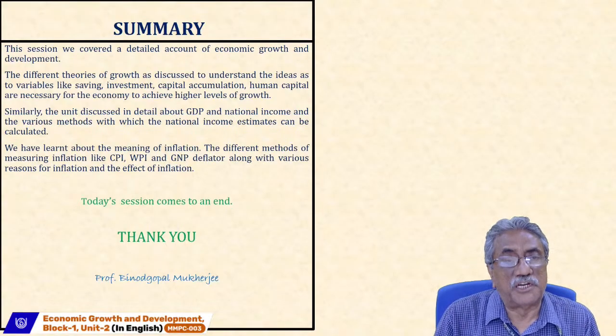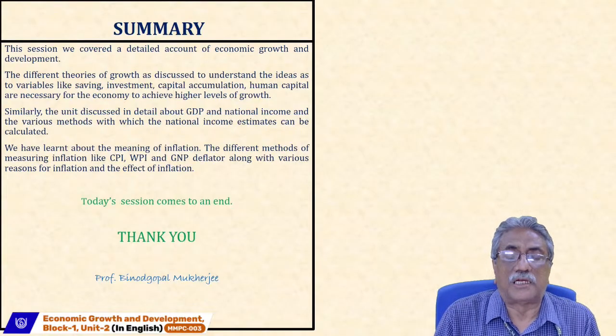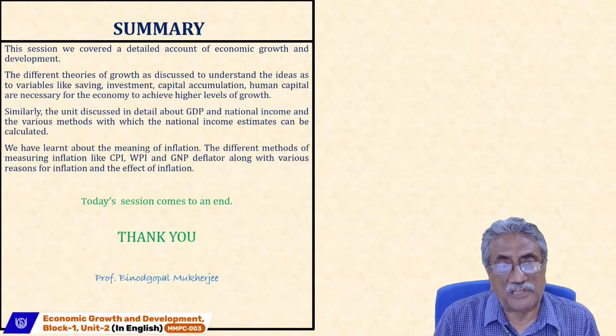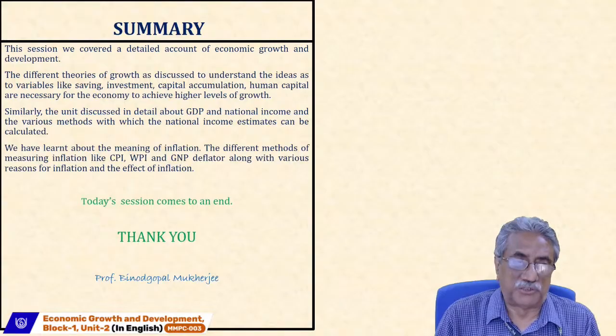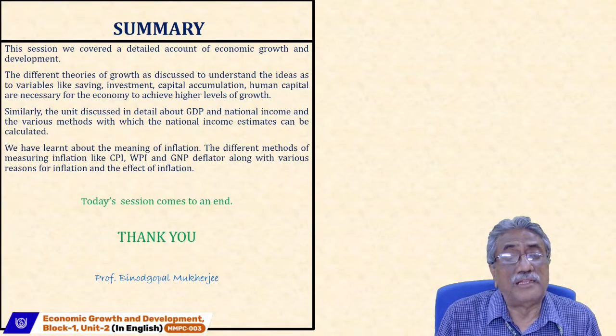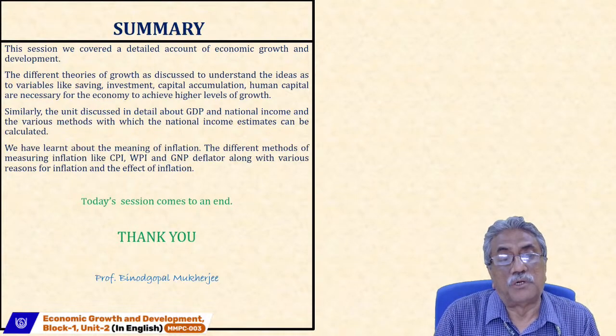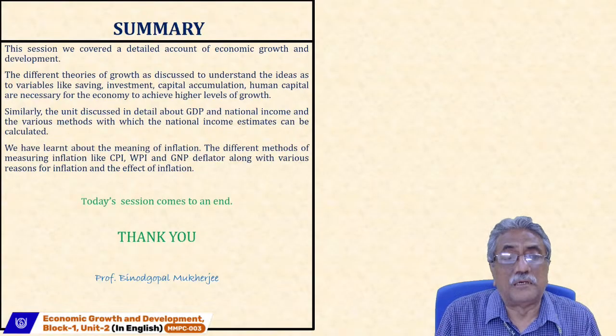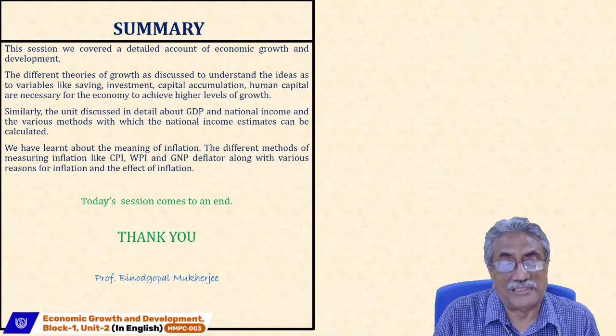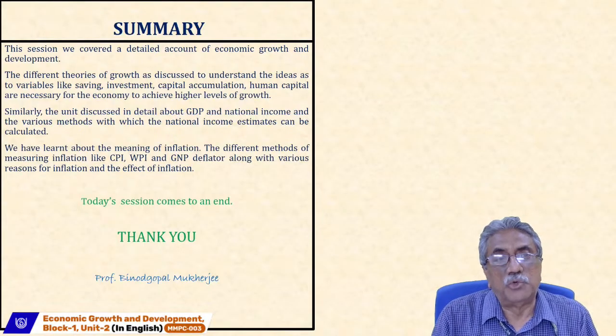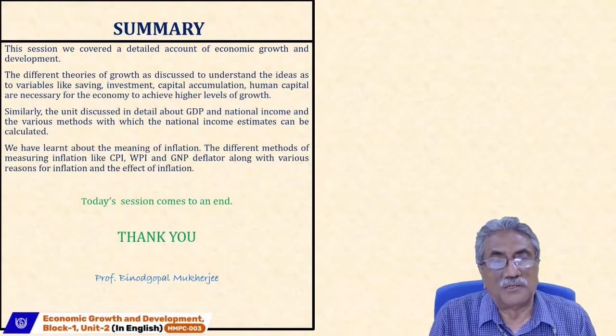And finally, we have studied inflation, the different methods of measuring it like the consumer price index, wholesale price index, and GNP deflator, along with various reasons for inflation like cost push and demand pull, and finally the effects of inflation, where income disparity goes up, the value of money goes down, and the lender loses while the borrower gains. All these things we have studied in today's session.